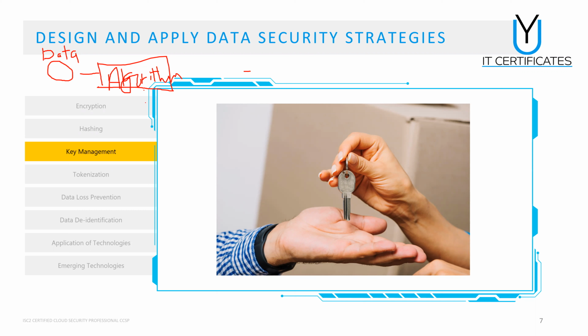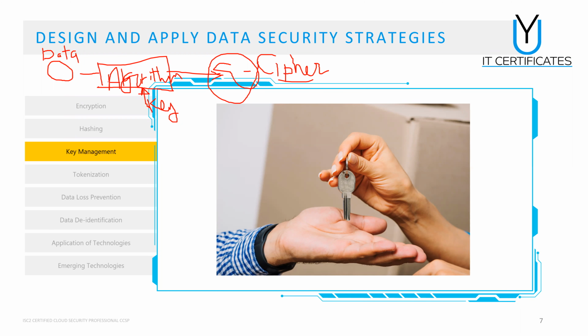And the encryption algorithm will use something called key, encryption key. This encryption key is very important, and it will create something called cipher. This cipher is the encrypted data.